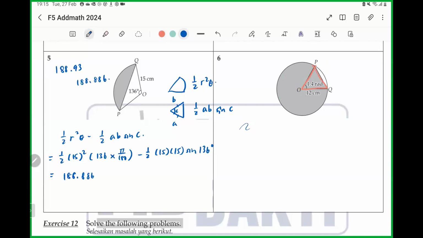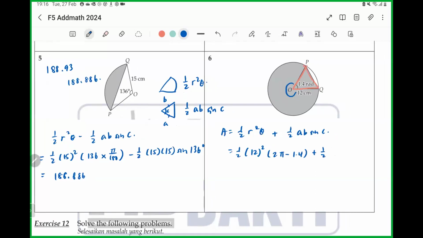So area equals 1 over 2 r squared theta for the sector plus 1 over 2 ab sine c. So here 1 over 2, r is 12, 12 squared, theta is actually over here. So you will need to find the radian. So 2 pi minus 1.4. Okay, plus 1 over 2 AB sine C, right?